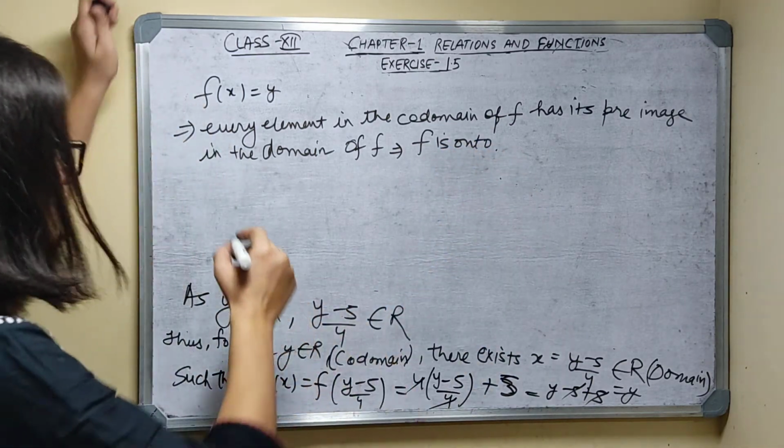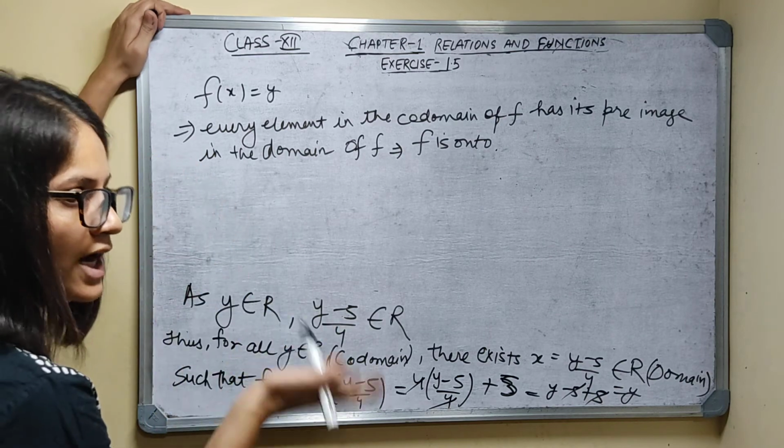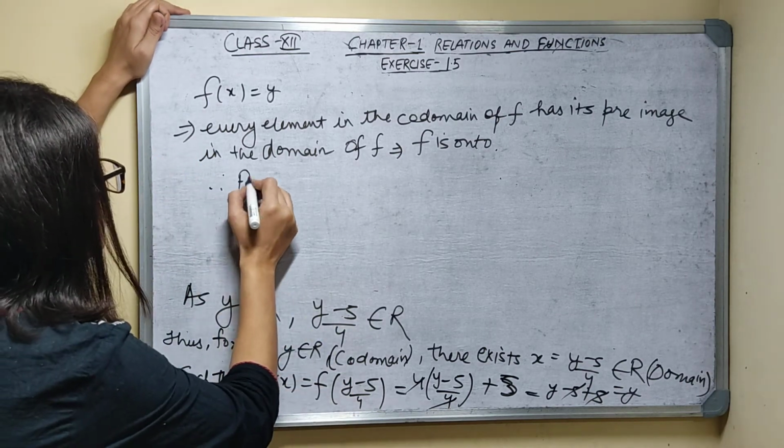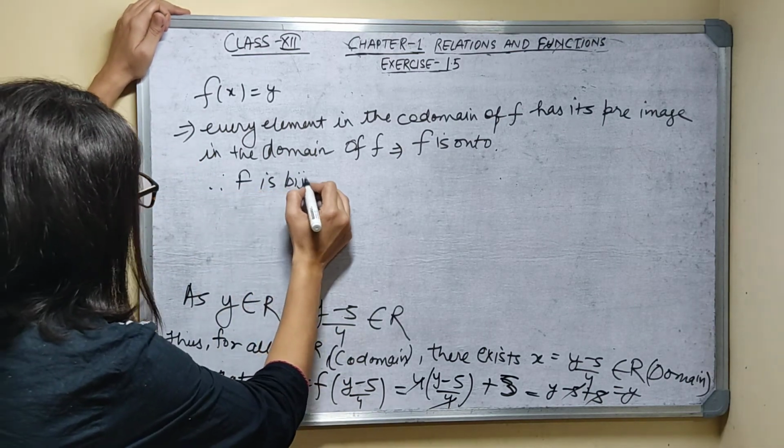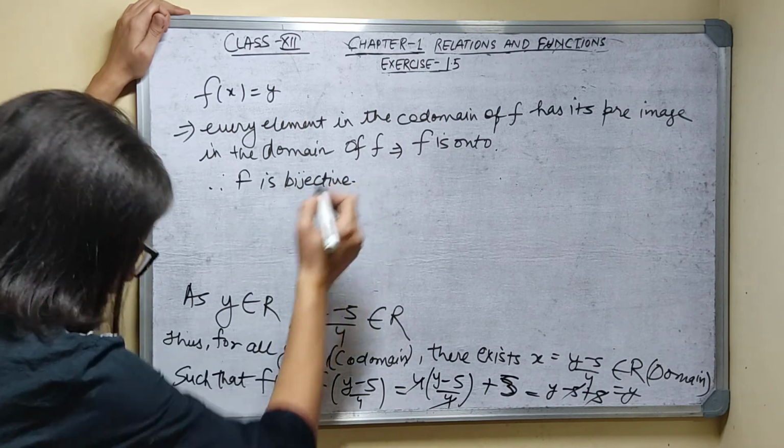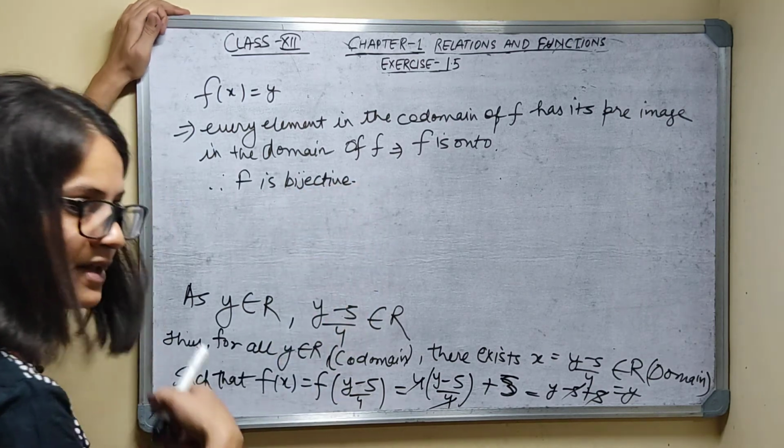Hence the given function is bijective. It is one-one also and onto also. So function is bijective and it is invertible.